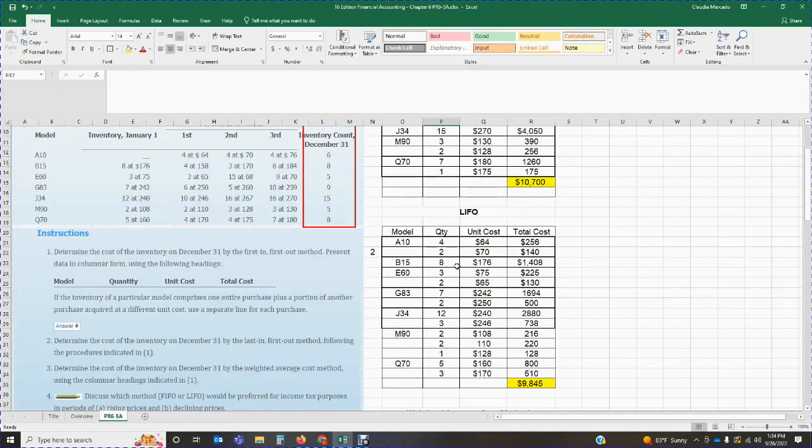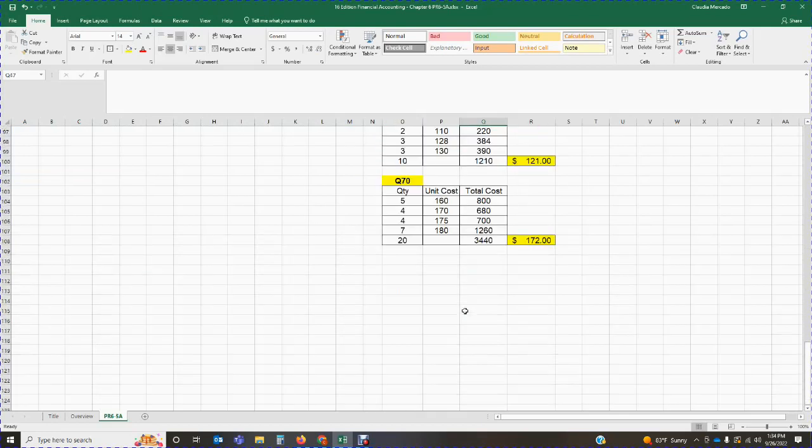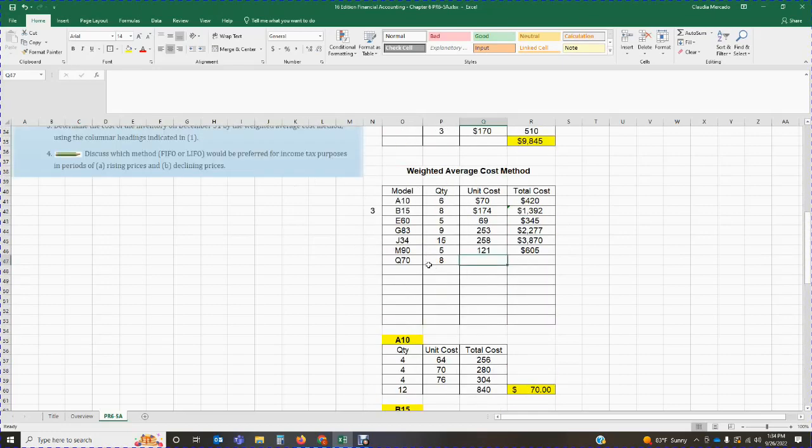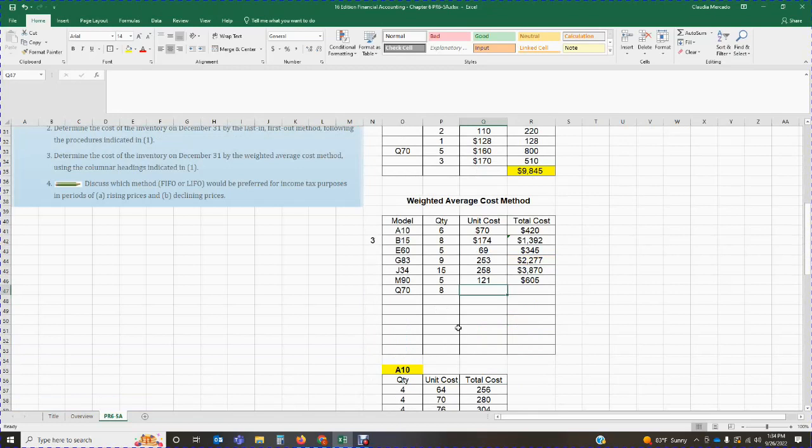So for Q70, I have 8 units remaining at a cost of 172. We get the quantity times the unit cost. That'll give me 1,376.